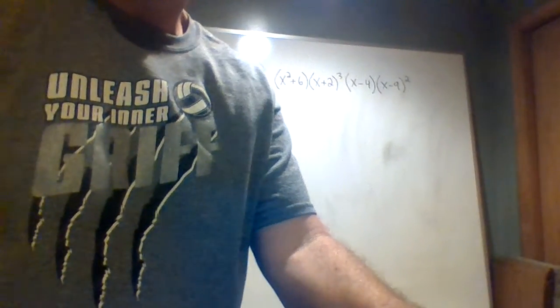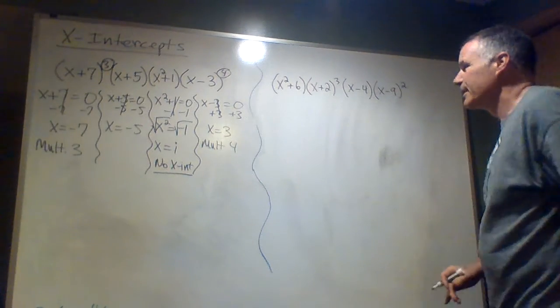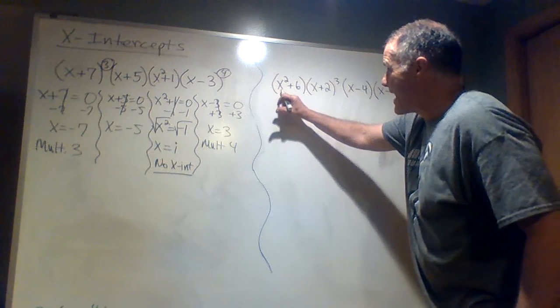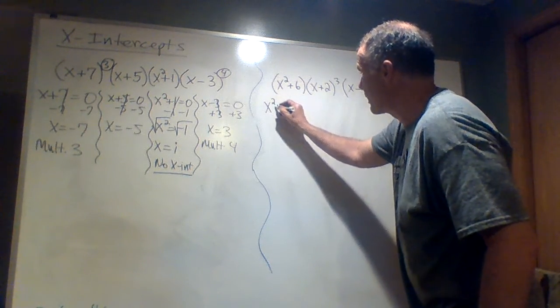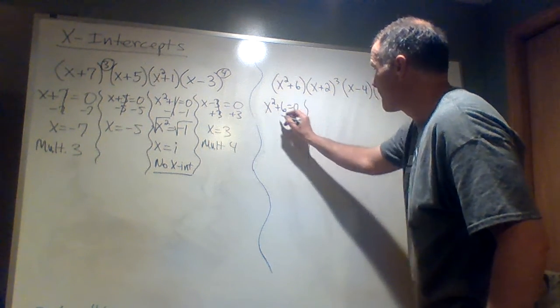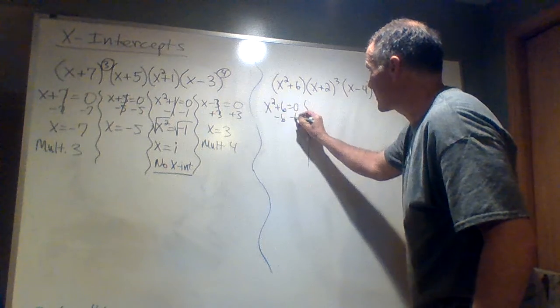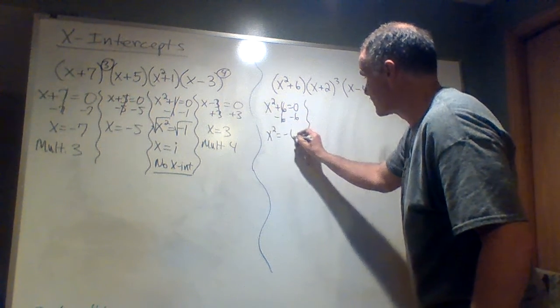Okay, let's do one more example over here, and then you'll have your problem to do for your assignment. Right off the bat, I've got my x squared, so x squared plus 6 equals 0. I minus 6 from both sides, so x squared equals negative 6.